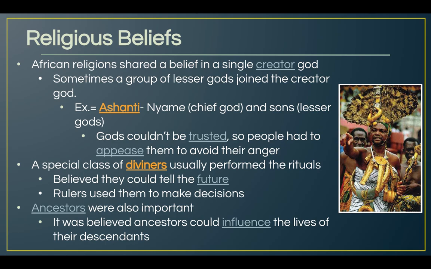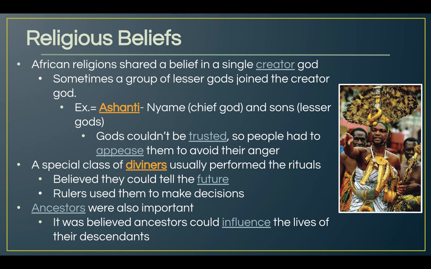The gods and their religious beliefs couldn't usually be trusted. It was like when we talked about the Egyptians and the Greeks: it was the people's job to appease the gods and do rituals to make them happy, and then they would give them gifts like rain or great weather. But a special class of diviners usually performed the rituals.